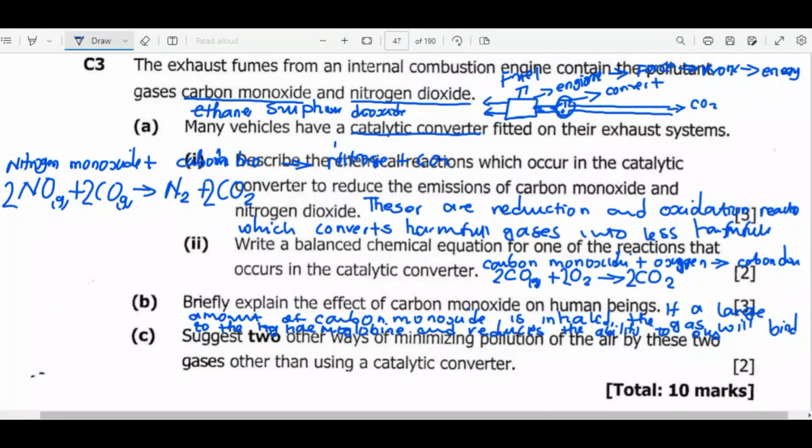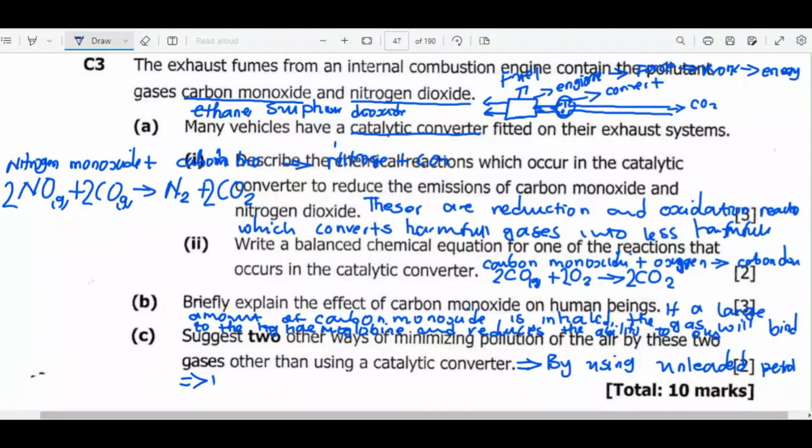Then question C, suggest 2 other ways of minimizing pollution of the air by these 2 gases other than using a catalytic converter. So we can reduce this by using unleaded petrol. Unleaded petrol is the one where the products do not produce too much of these waste products.